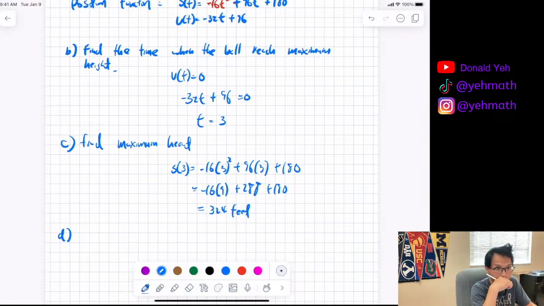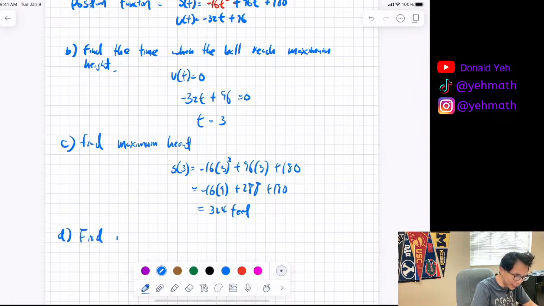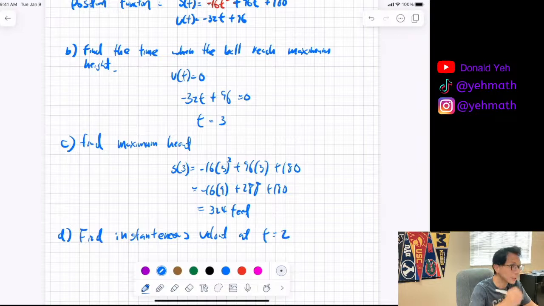D. Is it possible to find instantaneous velocity at t equal to 2? Yeah.